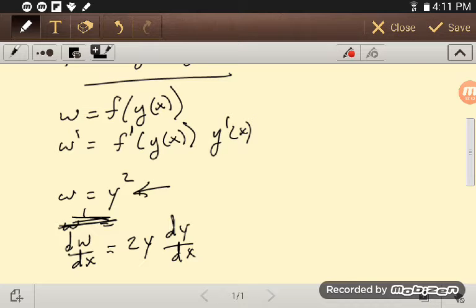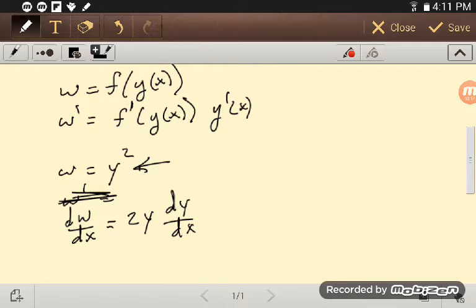And if it's very clear you're working with x as the true variable of interest, then sure, you could say something like w prime is 2y y prime, like that. But that is how we are using this implicit differentiation.